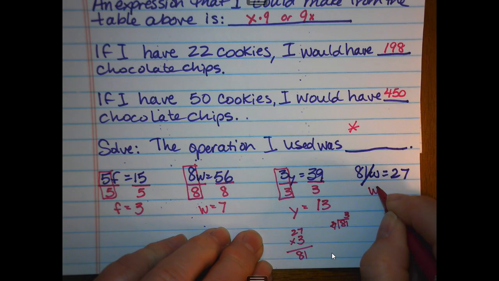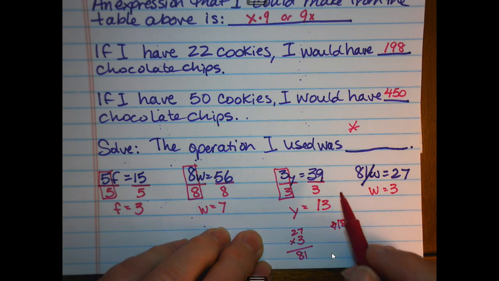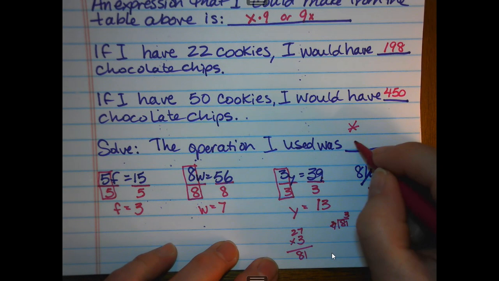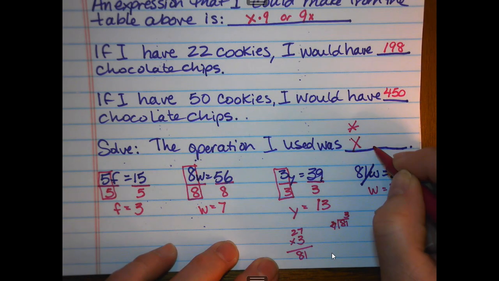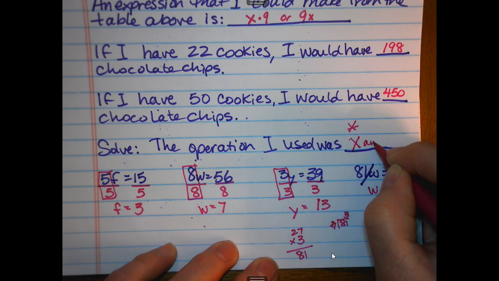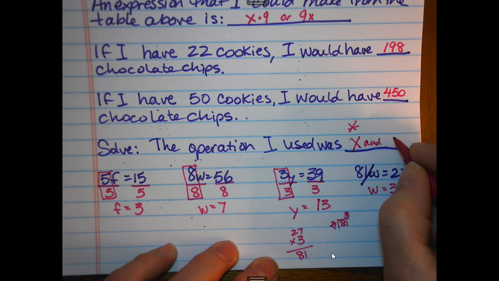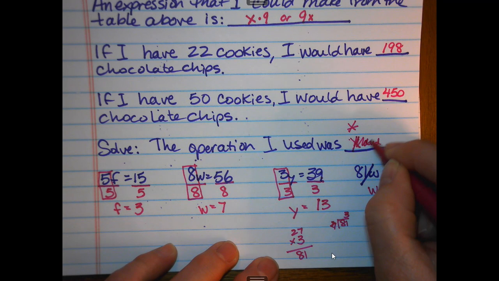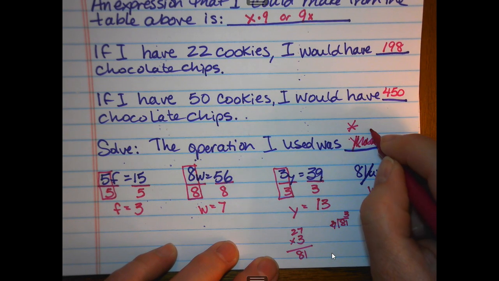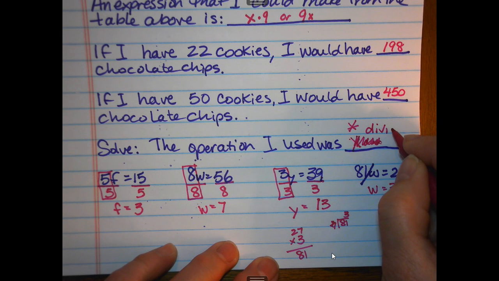So this would be W equals 3. And the operation I used was, well, I multiplied and divided, right? Actually, I divided. Division.